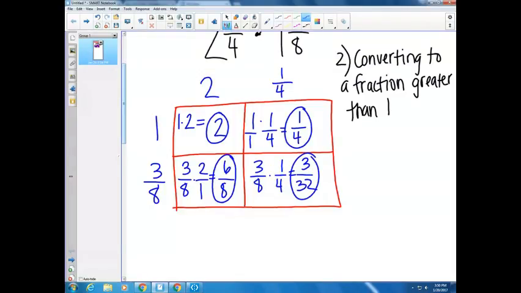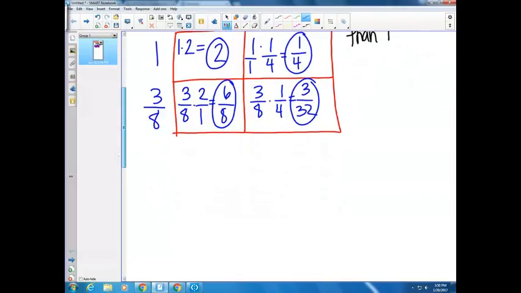So I'm going to rewrite what we're adding down below. We have 2 plus 1/4 plus 6/8 plus 3 over 32. As I'm looking at these, I realize we can't add them yet because we need common denominators.